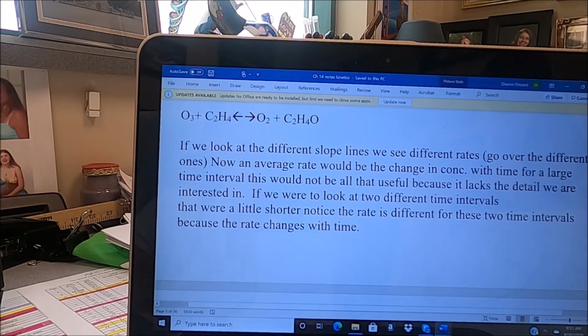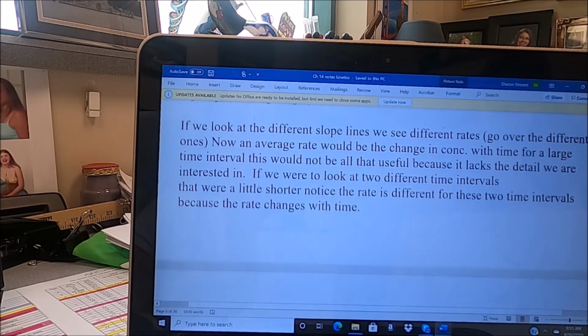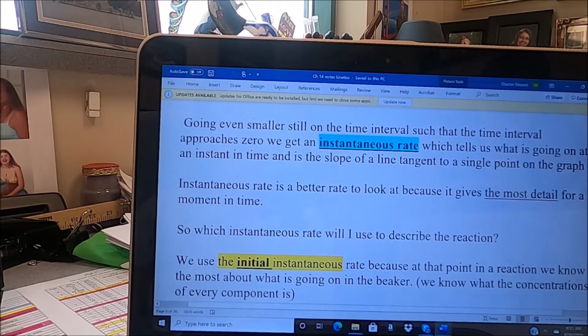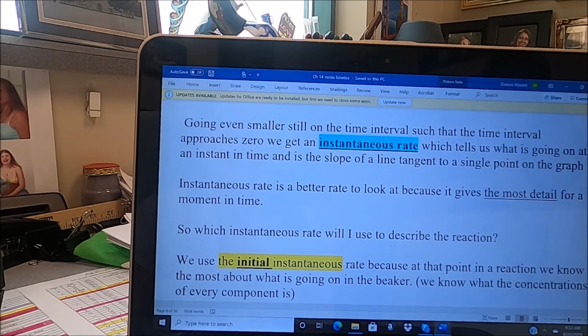And for us, instantaneous initial rates are the rates that we want. It is the point in the reaction where we actually have the most information about concentrations and the conditions in the reaction vessel. So as we study kinetics, we're going to use instantaneous initial rates.